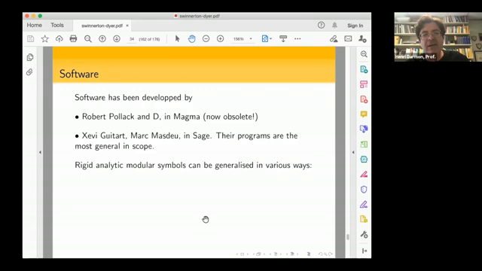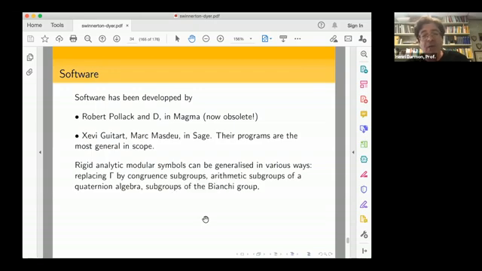And there are also, maybe on a more theoretical level, various theoretical analogs of these rigid analytic modular symbols. For example, one could replace gamma by congruence groups, arithmetic groups of a quaternion algebra, subgroups of the Bianchi group, and replacing analytic by meromorphic functions.